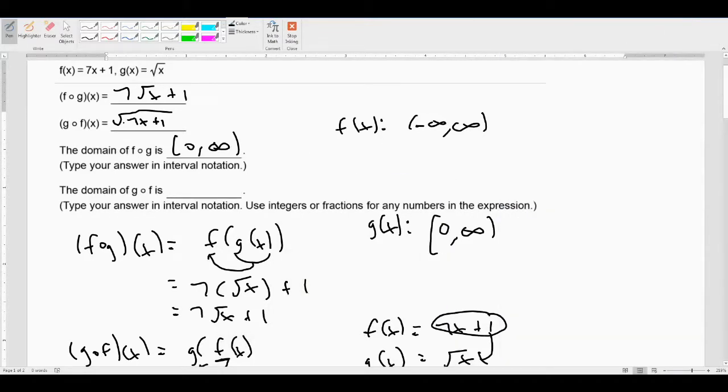We have to look at the domain of the square root of 7x plus 1, which is what we're trying to find. We already know that you can only take the square roots of numbers that are greater than or equal to 0, which means that 7x plus 1 must be greater than or equal to 0. So we're going to solve this inequality. Subtract 1 from both sides and divide by 7.